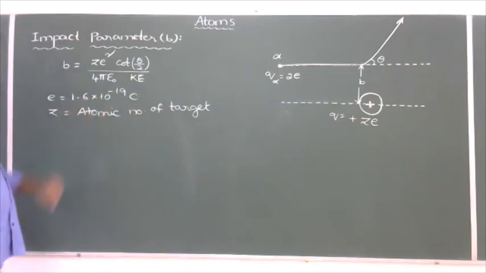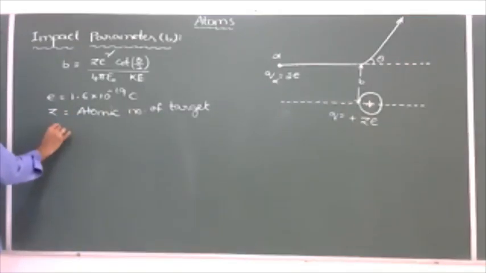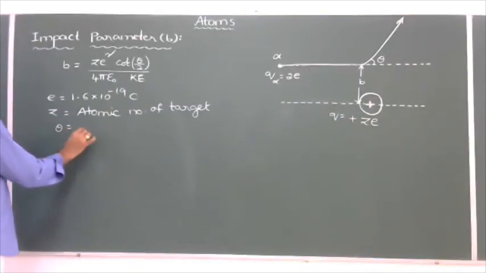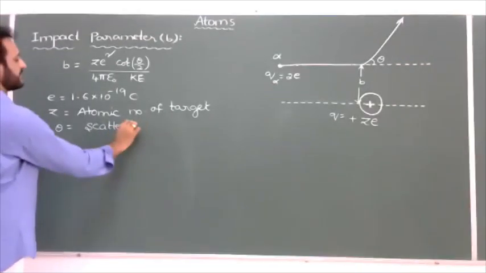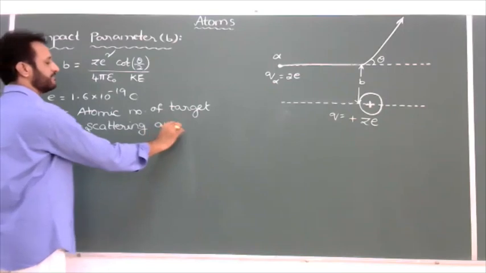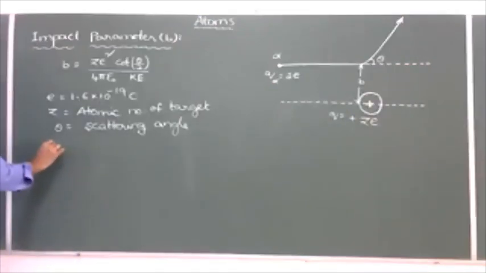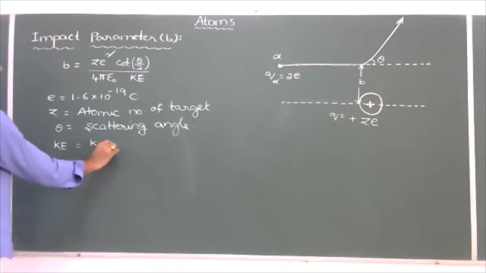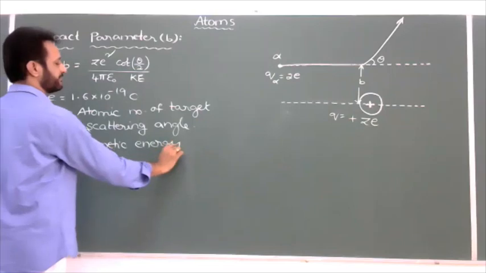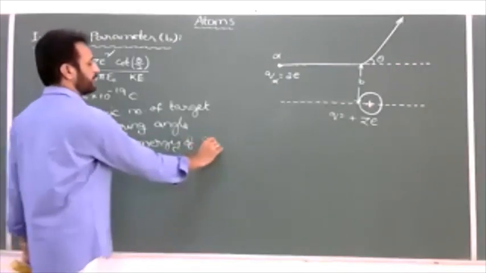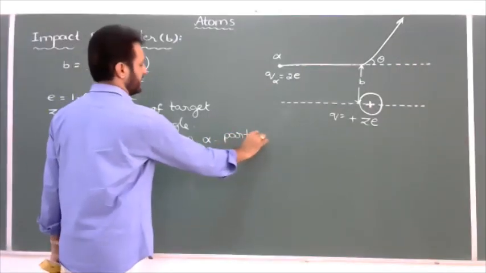And theta is equal to the angle of deviation, or scattering angle. And Ke is equal to the kinetic energy of the alpha particle.